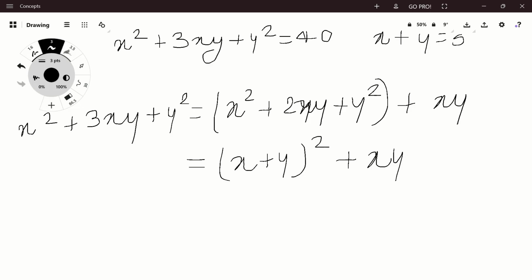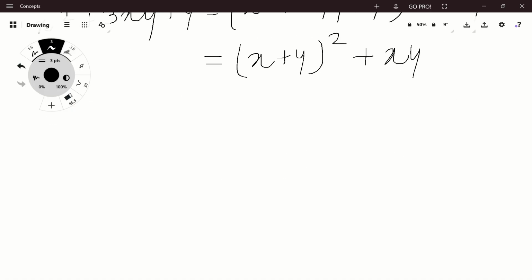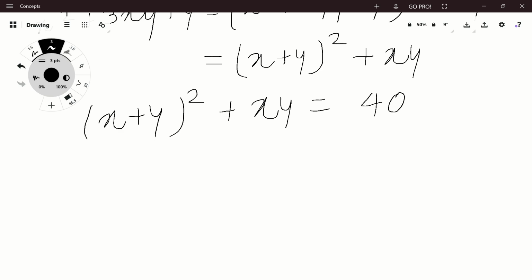Substitute the given values into the rearranged equation. So, x plus y whole square plus xy is equal to 40. Given the value of x plus y is 5, 5 square plus xy is equal to 40.